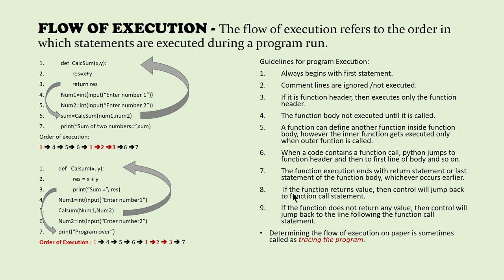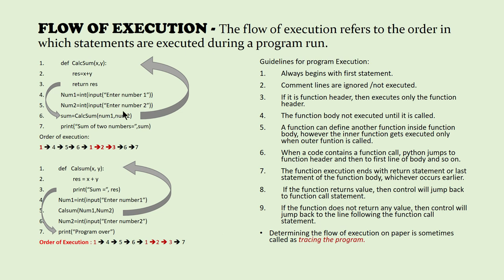Then if the function returns a value, if there is a return statement in a function, then control will jump back to the function call statement. So here, in this particular function, this function returns a value, so it will come back to the function call statement.